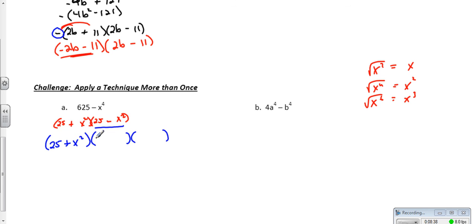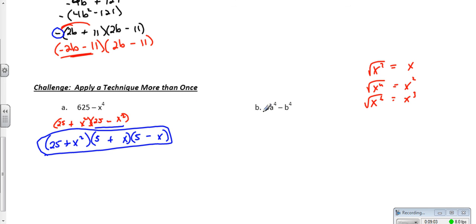Again, 25, square root of that is 5, and x squared, square root of that is x. And we got plus minus, different signs. Okay? So you actually have three binomials here, because when you factored one difference of two squares, you end up getting another one to continue.